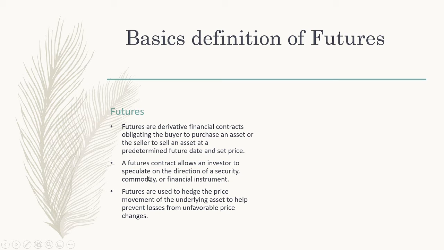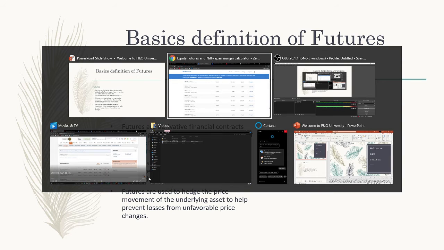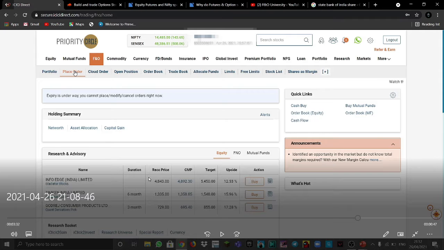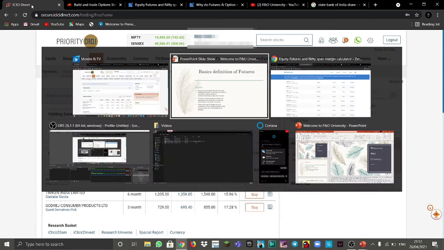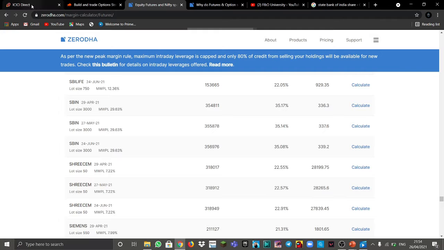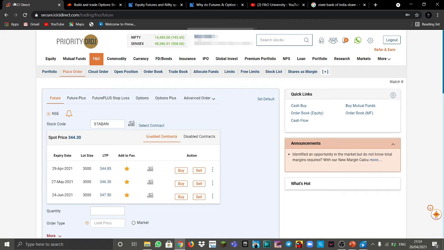A future contract allows an investor to speculate on the direction of a security, commodity, or financial instrument. So what do we mean by that? Speculation. Let's look at State Bank of India once again.